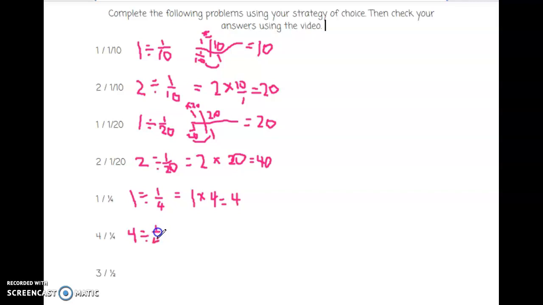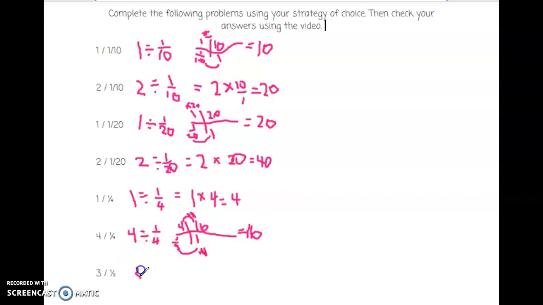You can go ahead and do a ratio table, or whichever method you chose. I'm going to show you using a ratio table. So 4 is going to go over 1/4. You have to get 1/4 to 1. In order to do that, you have to multiply it by 4. So what you do to the bottom, you do to the top. And then 4 times 4 is 16. So your answer here is 16.